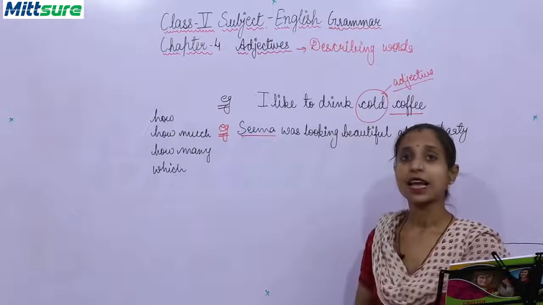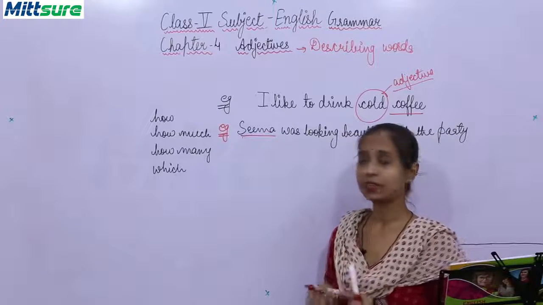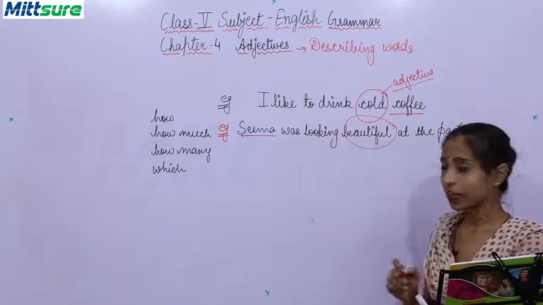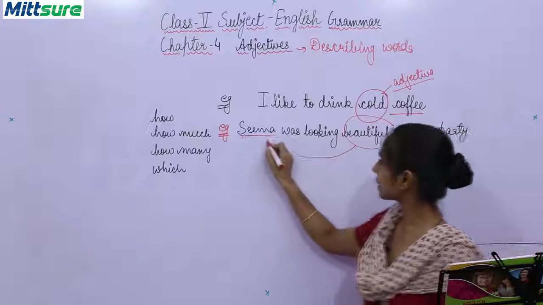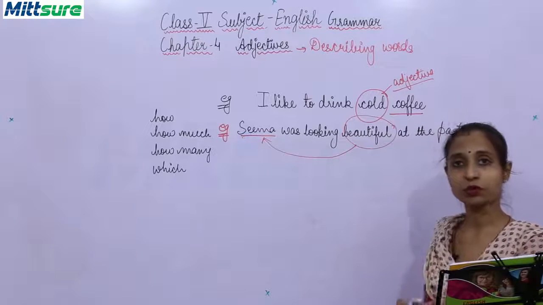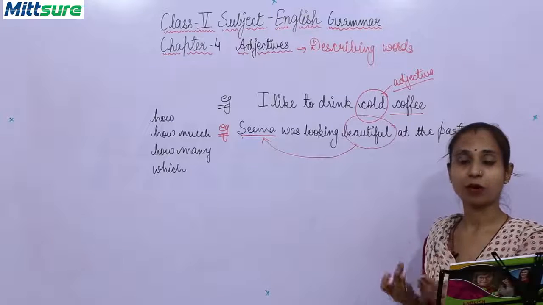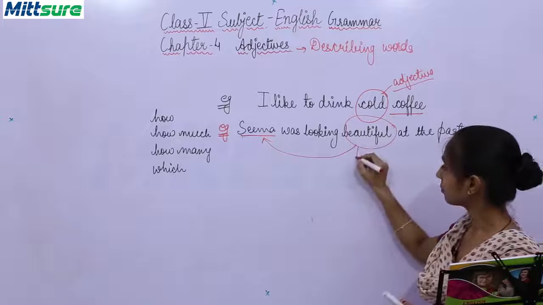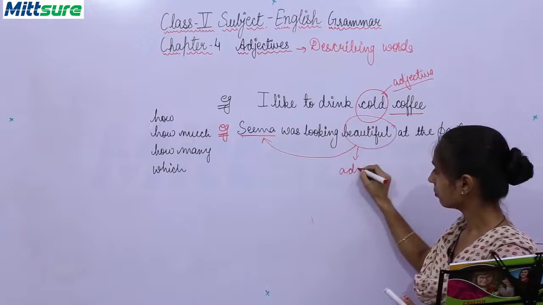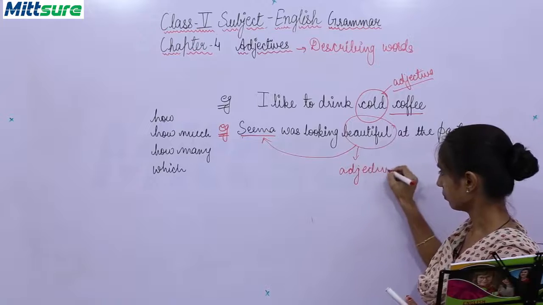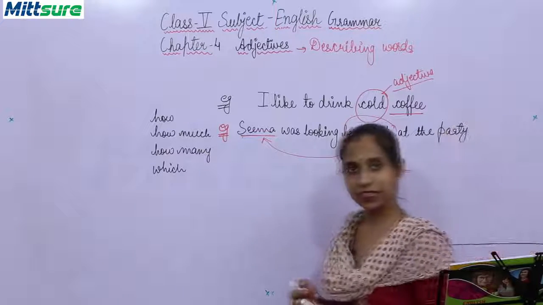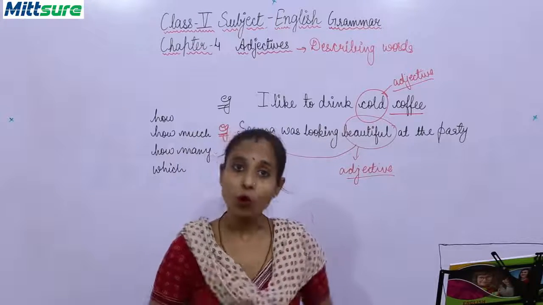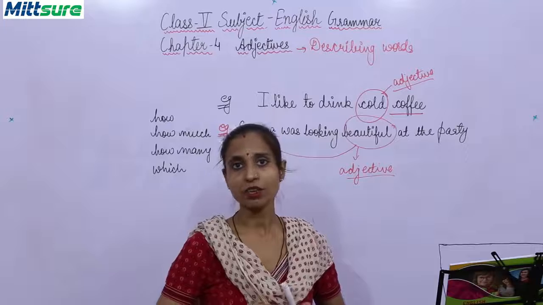Seema. And how was she looking? She was looking beautiful. Now, this beautiful word is describing Seema. This beautiful word is saying something about Seema. So, this beautiful will be an adjective. Now, you came to know what an adjective is. An adjective is a describing word which tells more about a noun or a pronoun.